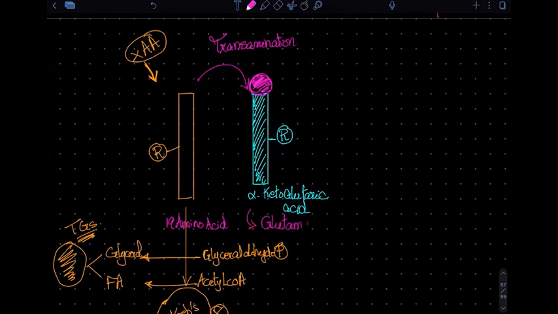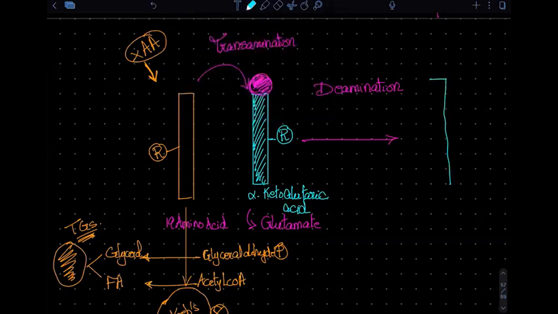It is the amino acid glutamic acid or glutamate. This is the amino acid I can perform a deamination for, to restore the alpha ketoglutarate acid again.